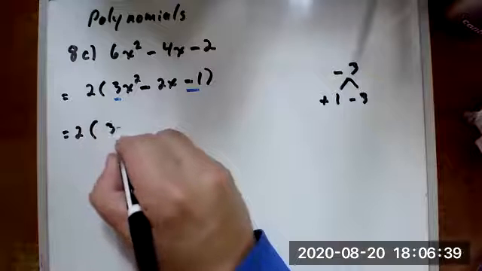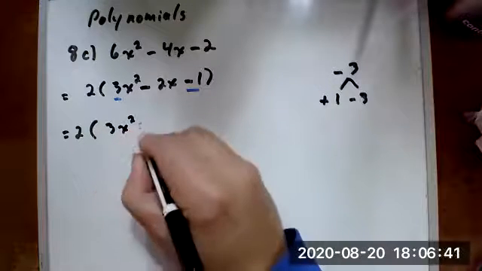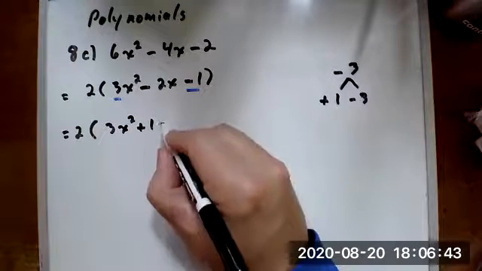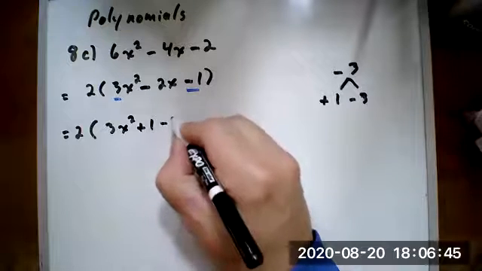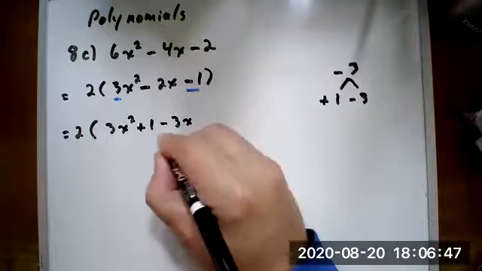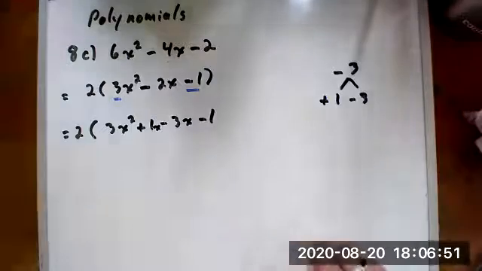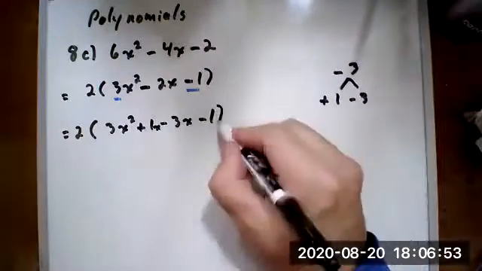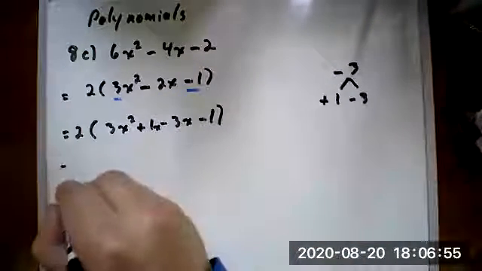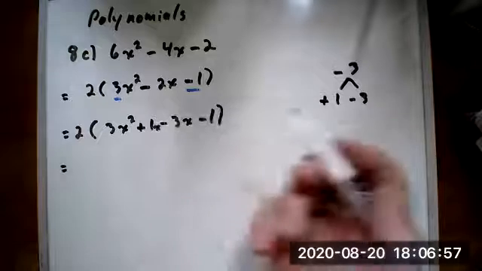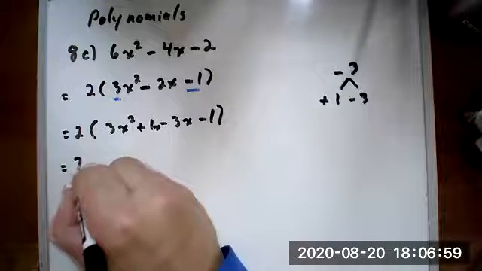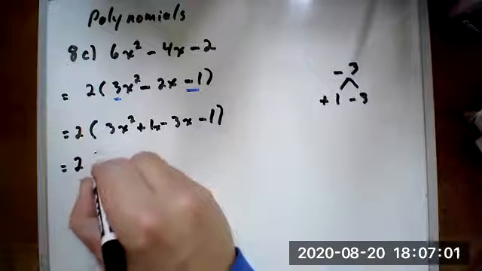And then I end up with 3x squared plus 1x minus 3x minus 1. What can I pull out of the first two? Nothing. And when you can pull nothing out, really what you can pull out is a 1.